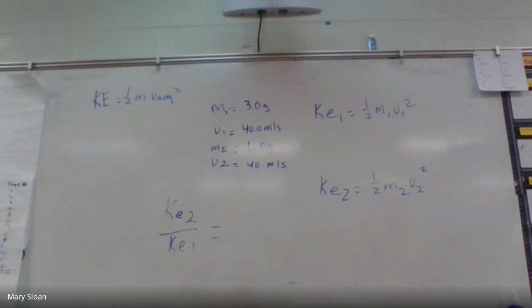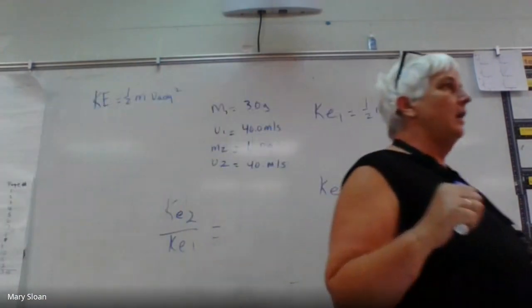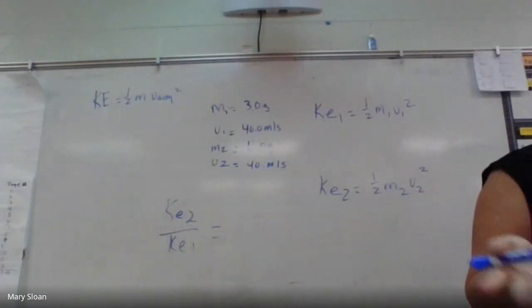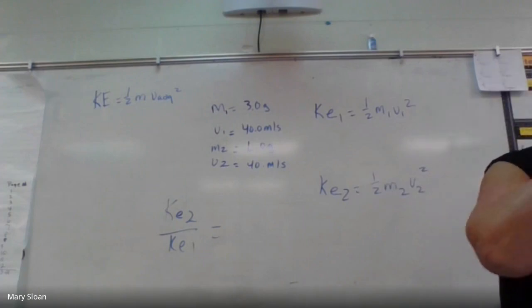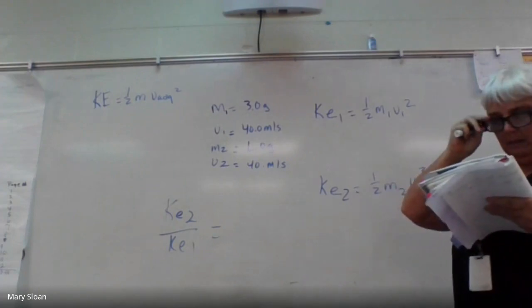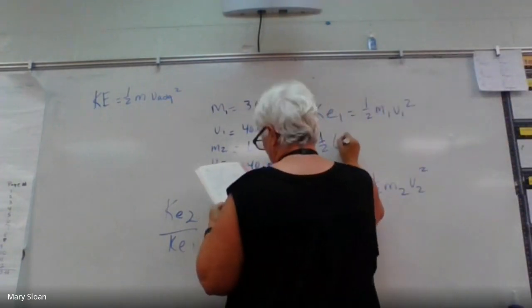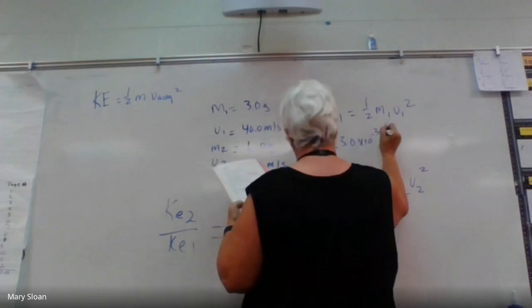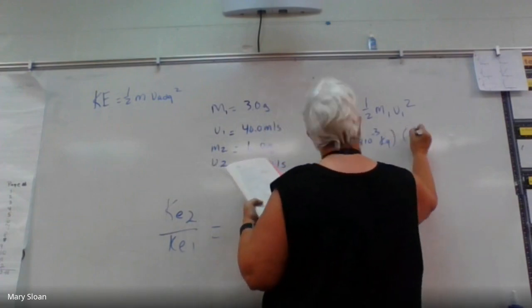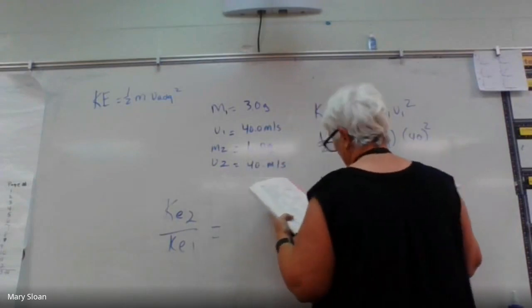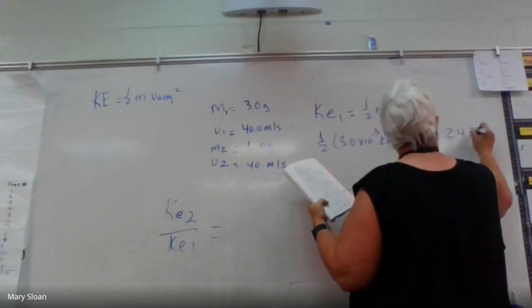First thing that I see so far, the first thing you have to do is change your grams to kilograms, okay? The only thing I did was 3.0 times 10 to the negative 3. That was easier for me, or you could just move your decimal over. The way that I did mine was 1/2 times 3.0 times 10 to the negative 3 kilograms times 40 squared, and that gave me 2.4 joules.